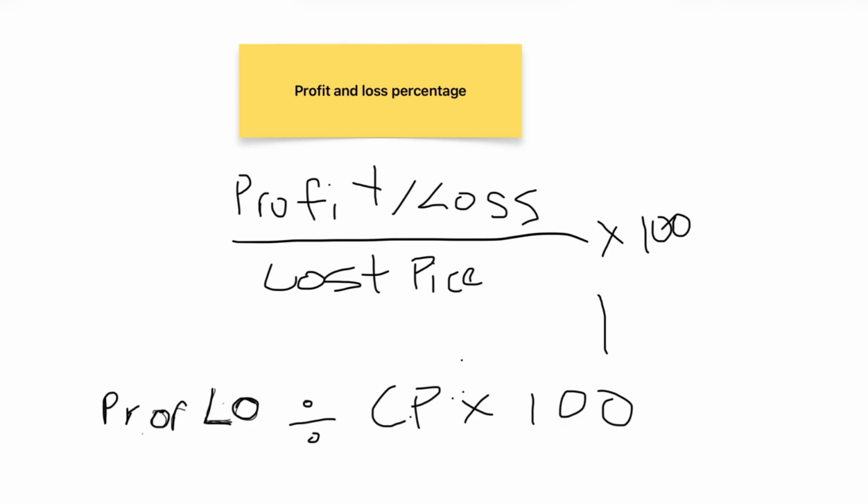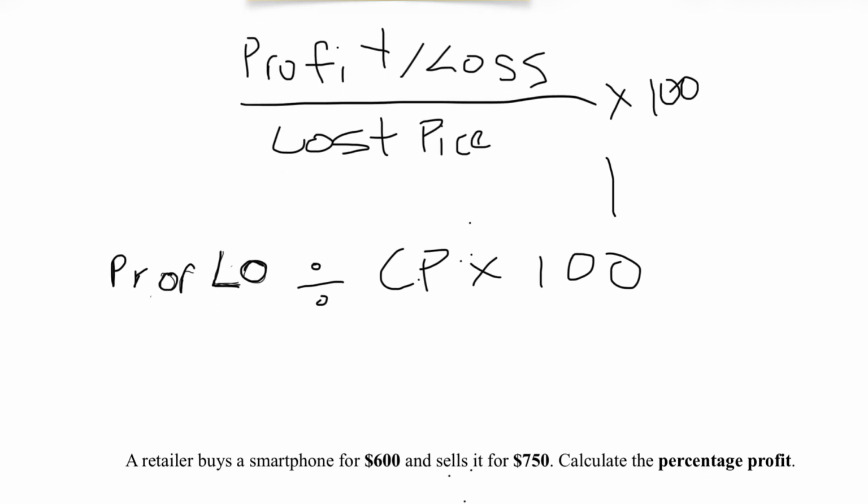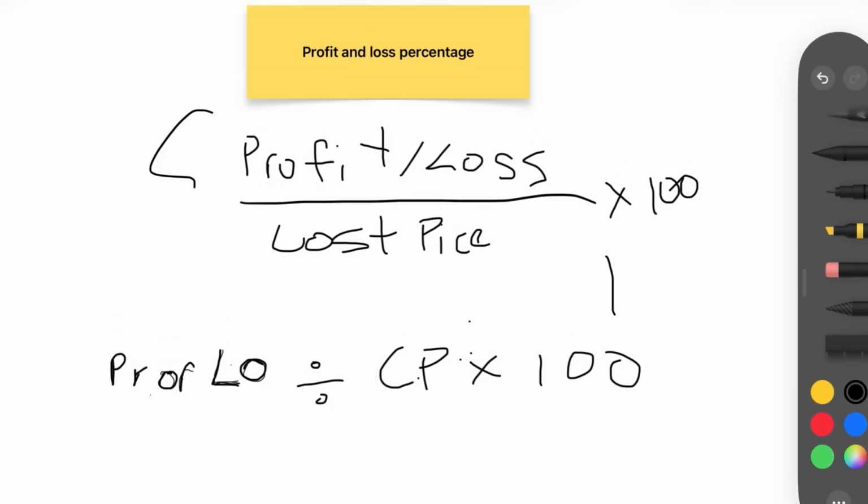I know it's pretty hard to read, I'm so sorry for my bad handwriting, but it's also right down here, which says PR, which is profit, or LO, which stands for loss, divided by cost price times 100. You can put it this way, or you can also put it in the fraction way, which is right here.